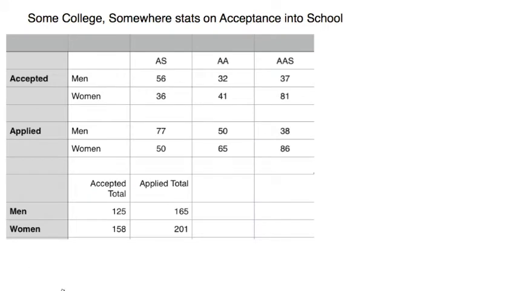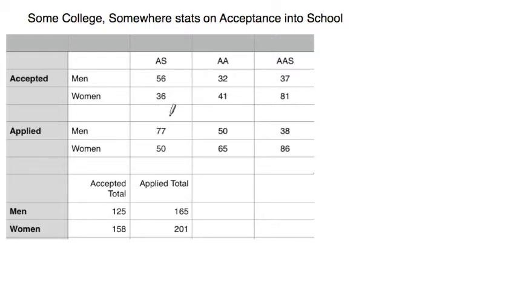So if we split it up into the AS degree, the AA degree, and the AAS degree, up top are the men and women that were accepted into each program, and the bottom part is the number that applied. And here are those total numbers I was showing you earlier. This accepted total of 125 is the sum of those three numbers, and the total applied, 165, is these three numbers.